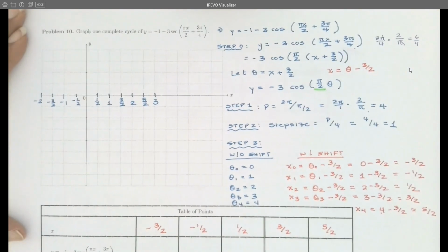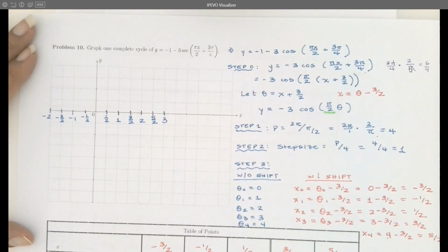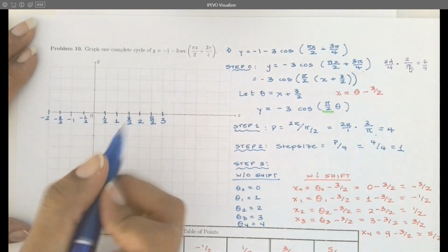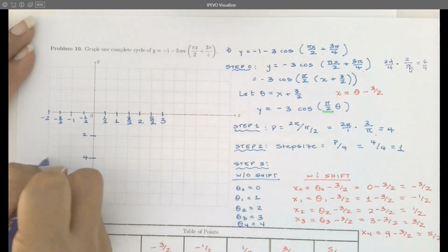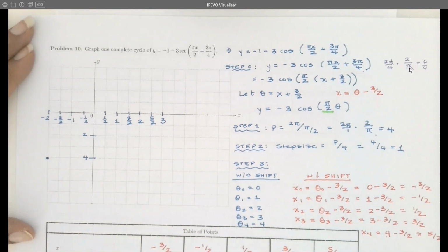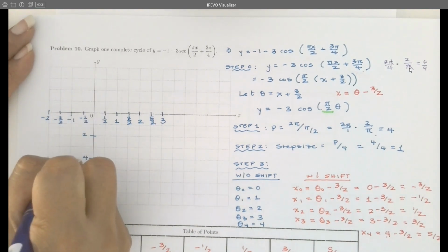Okay, now corresponding y values, at negative 3/2 we have negative 4, and that is the lowest y value that we get. So I'll go ahead and make this 2, and this a 4. Actually, I went one tick mark too far to the left.